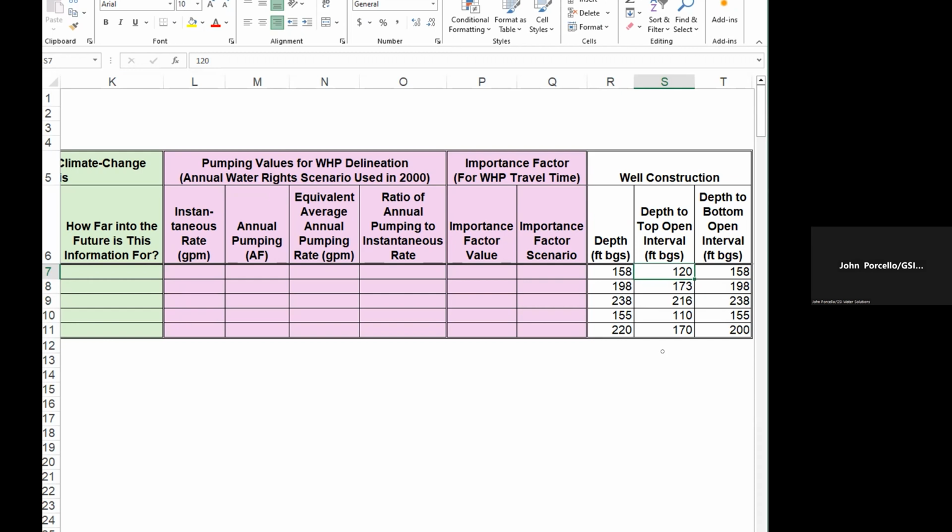If that's a surveying challenge, or some other challenge, what you could do is just tell me how far away the well is from one of your other wells. You can also get that information on Google Maps. True, yeah, that's another way to do it. That's how I find the wells.